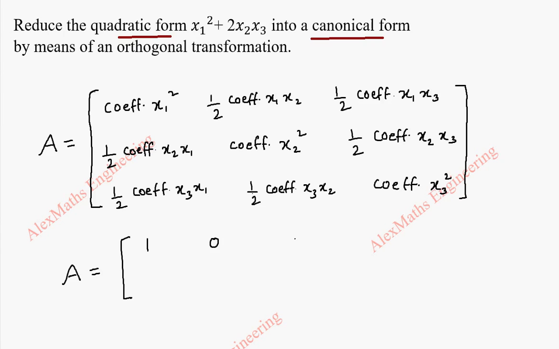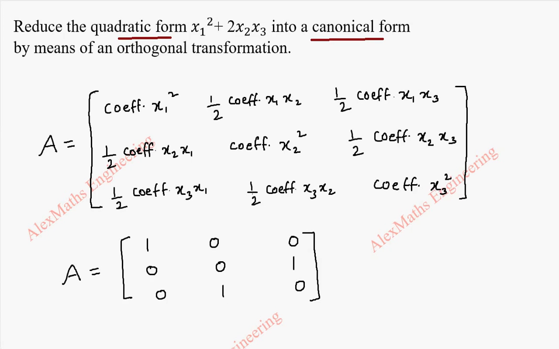There is no x1, x3 term, which is 0, and once again this is 0, and there is no x square term, so this is 0, and there is a x2, x3 term, and half of the coefficient will become 1. Again, this is 0, and this is 1, and this is 0. We got the matrix A.